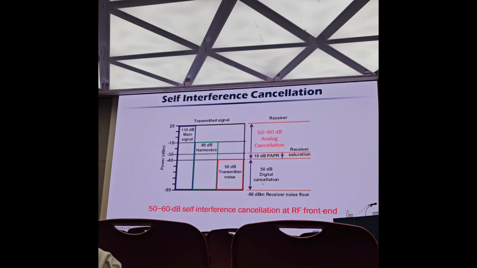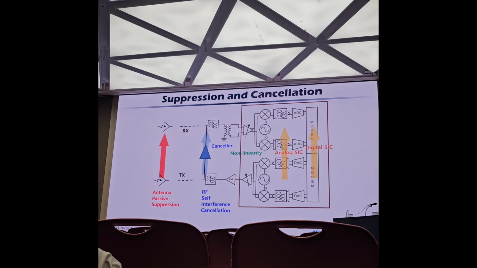But we can rely a little bit on digital cancellation, depending on the ADC dynamic range. Let's say if we can rely on 50 dB digital cancellation, we need to achieve 50 to 60 dB analog cancellation to reduce the transmitted signal to the lower level. So generally for the RF front end, we have to achieve 50 to 60 dB of self-interference cancellation.